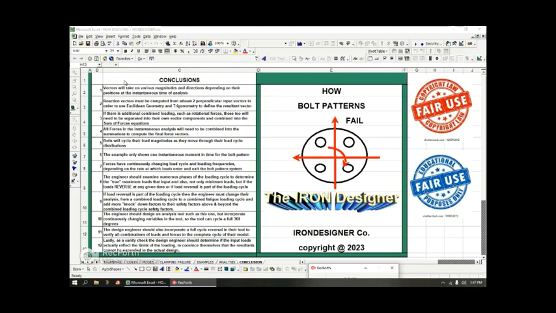And lastly, as a sanity check, the design engineer should determine if the input loads actually reflect the limits of the loading to convince themselves that the resultants cannot be exceeded in the actual design.